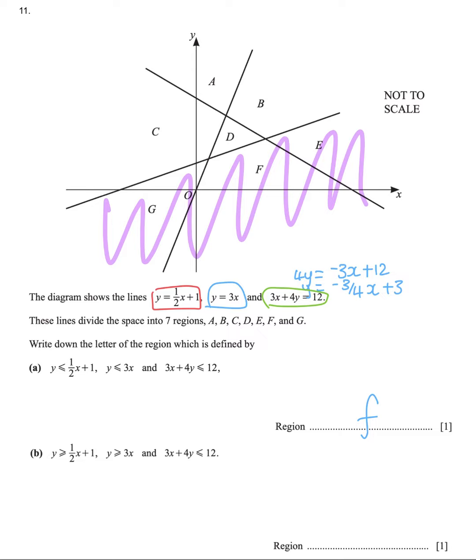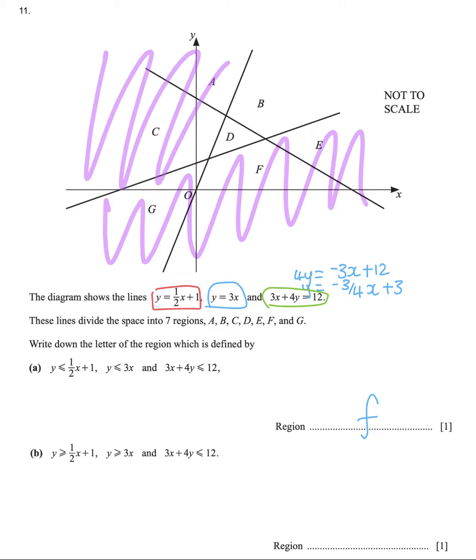And then for the second part, y is bigger than 3x. So this is my line. I could try the 1, 0 again. So 0 is bigger than or equal to 3 times 1. Again, that doesn't work. So I don't want this side here. I do want this side of the line.